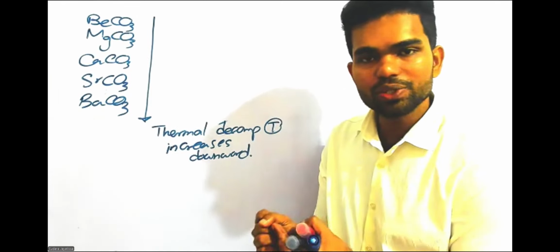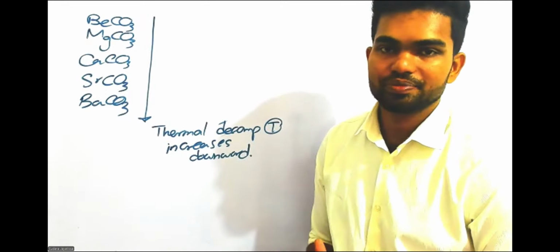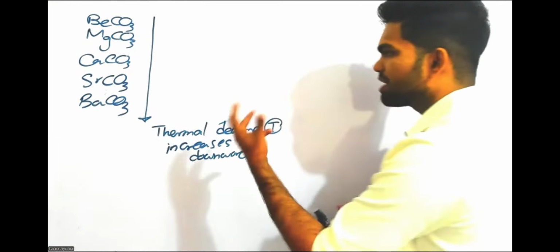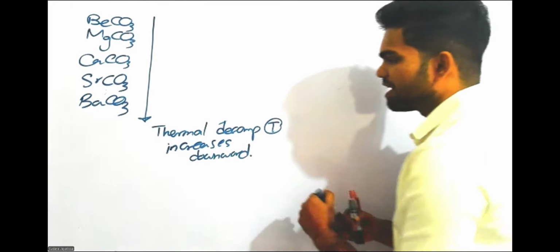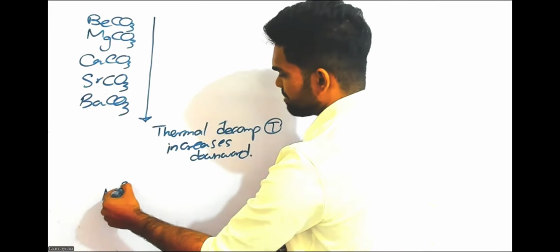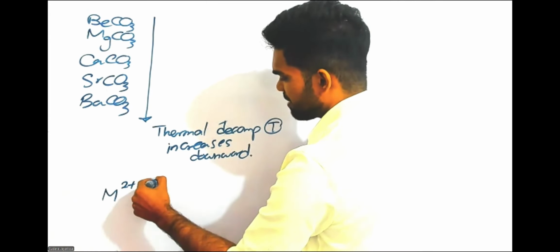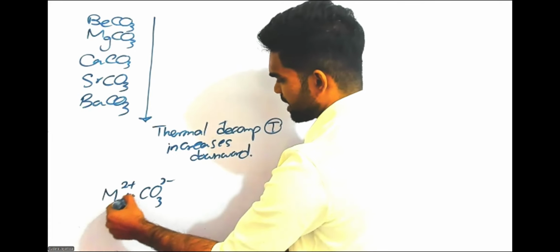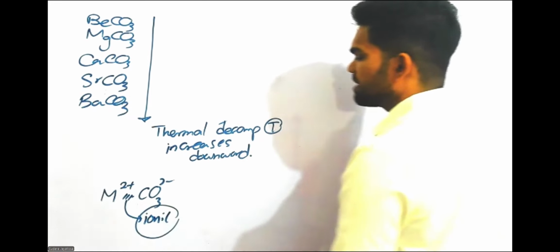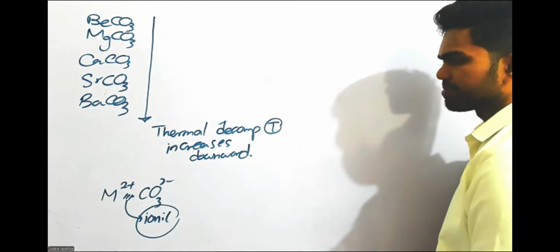So what is the bond among these compounds? You have an ionic bond between the metal and the carbonate. So the ionic bond will become stronger.